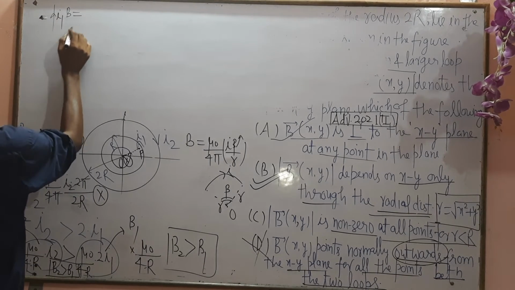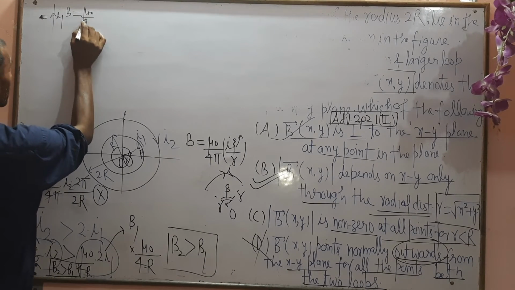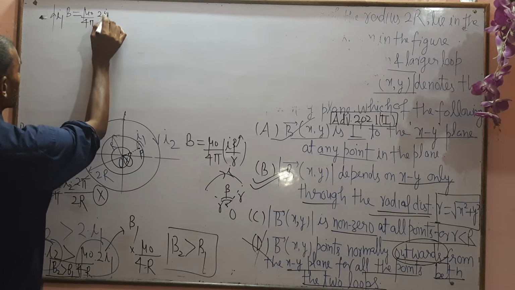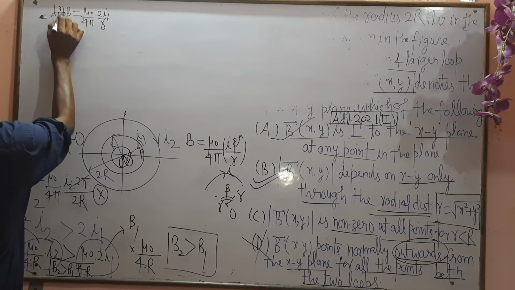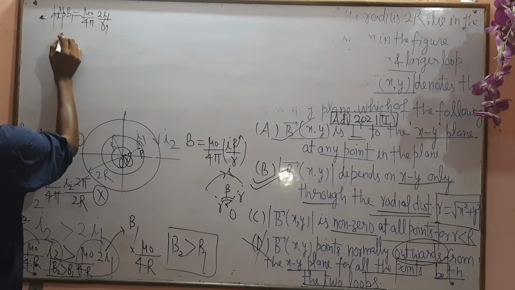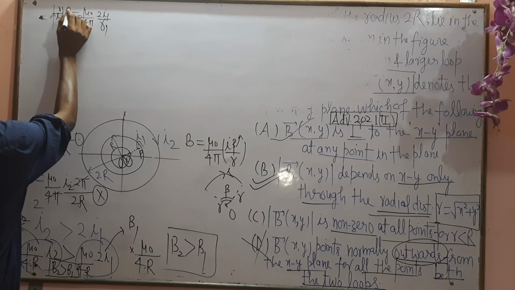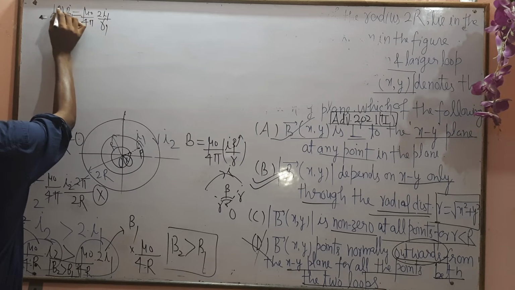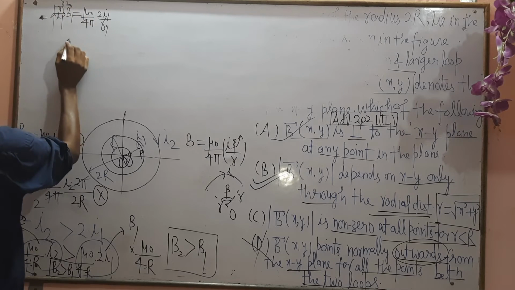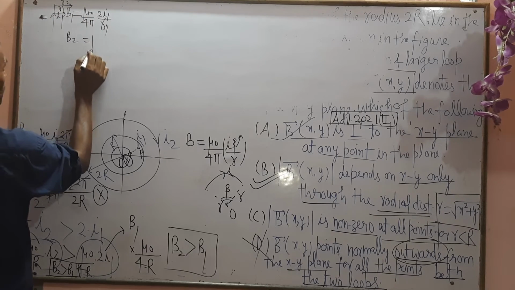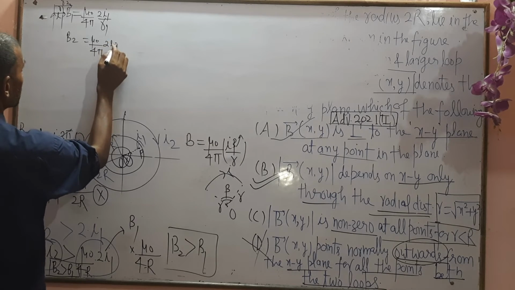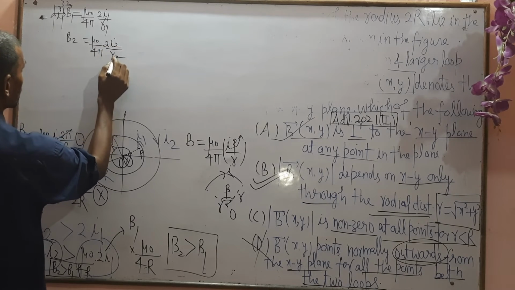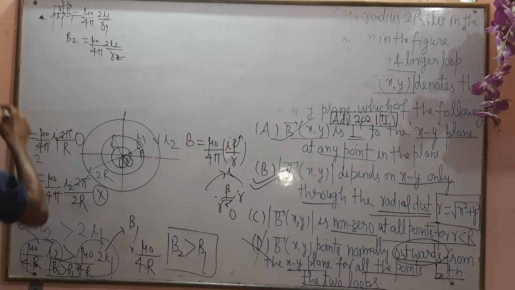If this is R1, this is B1. For the magnetic field at this other point, at distance R2, B2 equals mu naught by 4 pi into 2 I2 by R2.